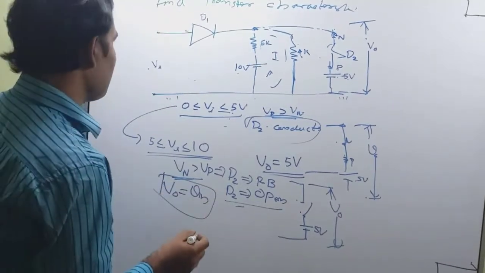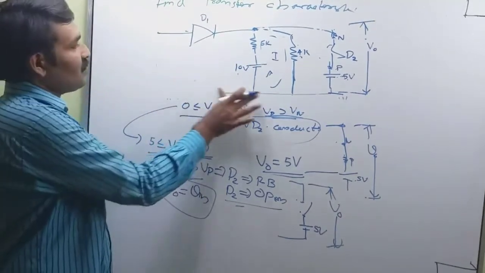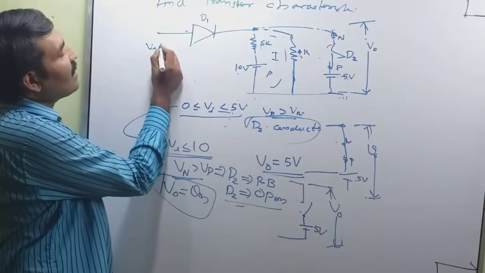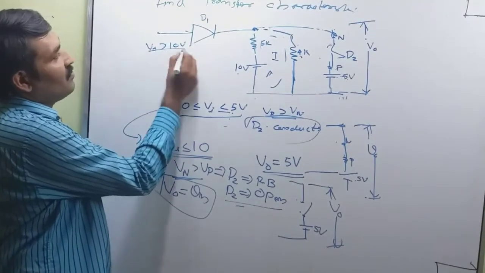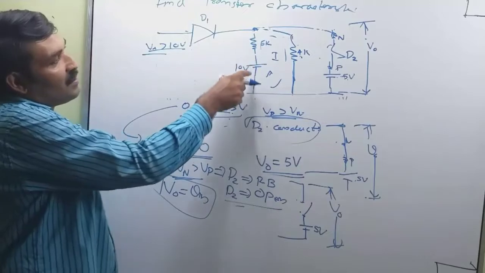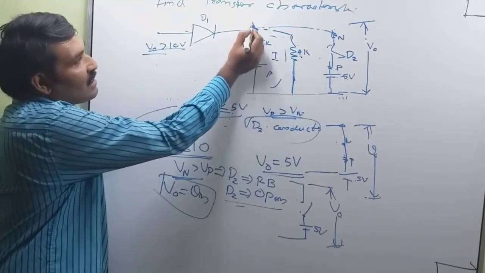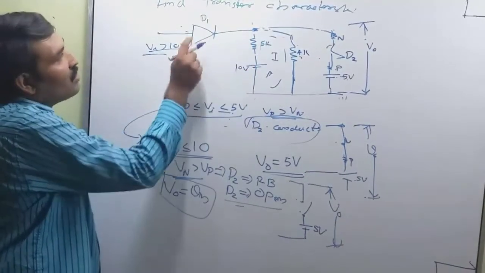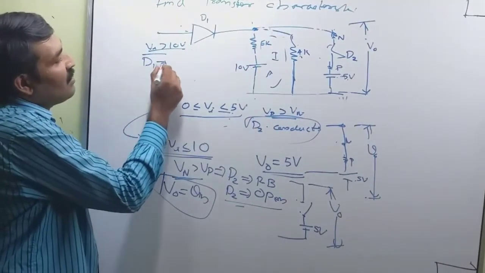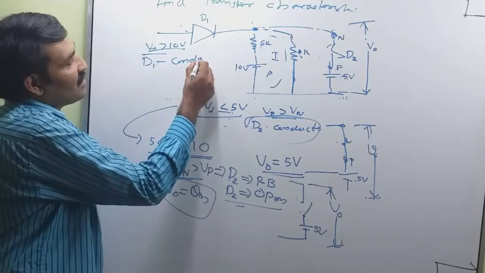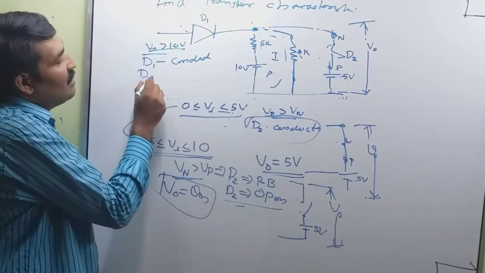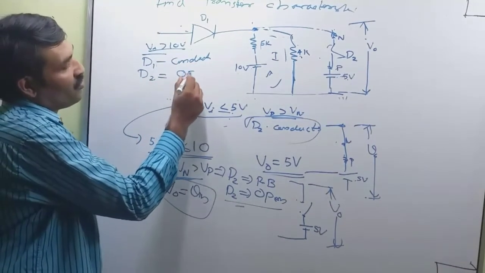Now for Vi greater than 10 volt, what happens? Greater than 10 volts means this is connected to the 10 volt. So diode D1 conducts and D2 is off.